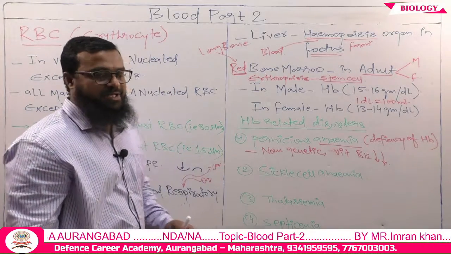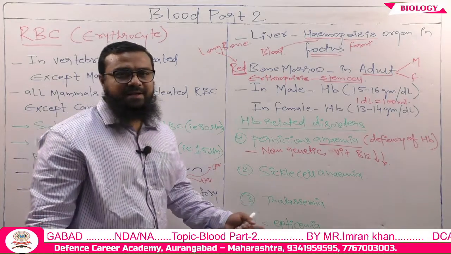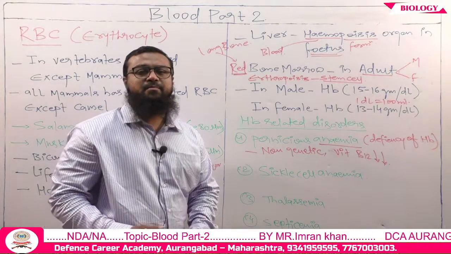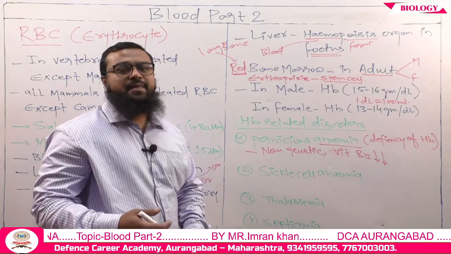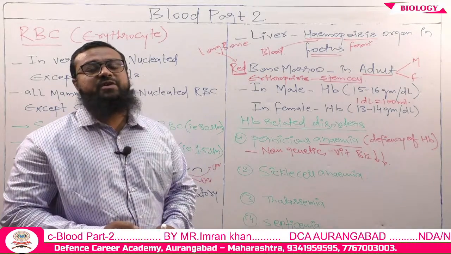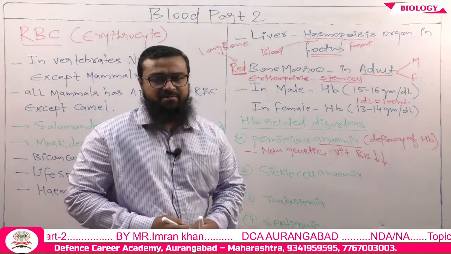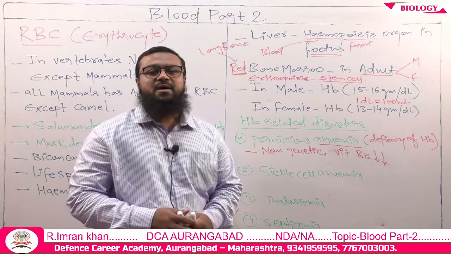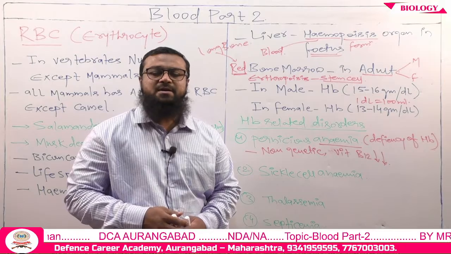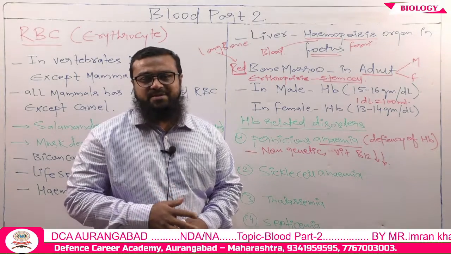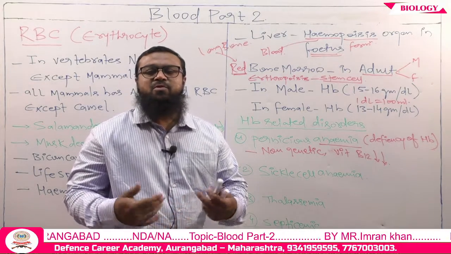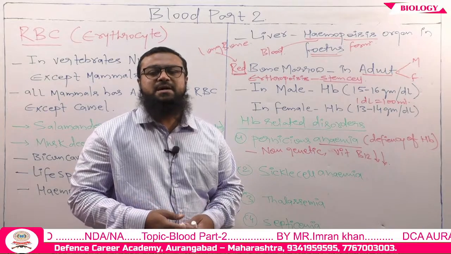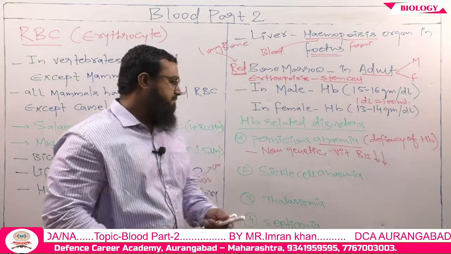Lesser amount of HB. The symptoms are breathlessness, and other disorders will also depend on the pernicious anemia, because if the body does not have enough quantity of blood, meaning HB or RBC, it will create more problems like breathlessness or hypoxia, etc.